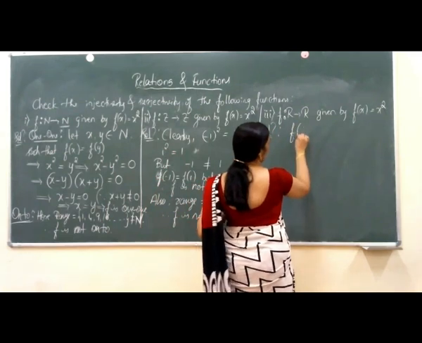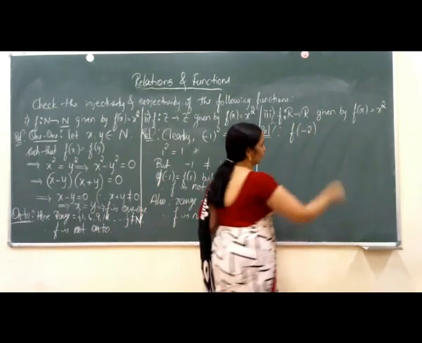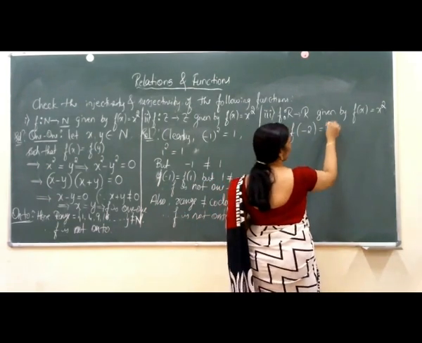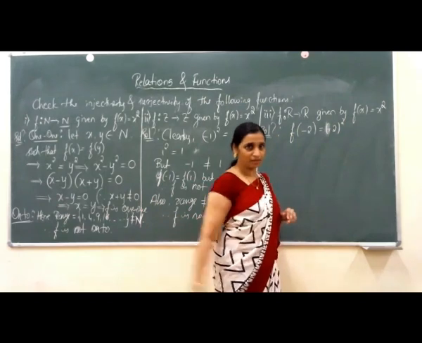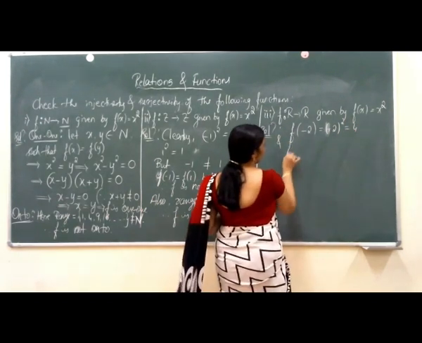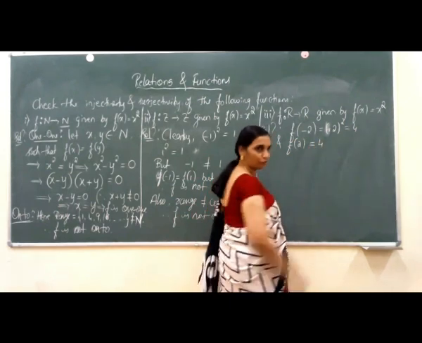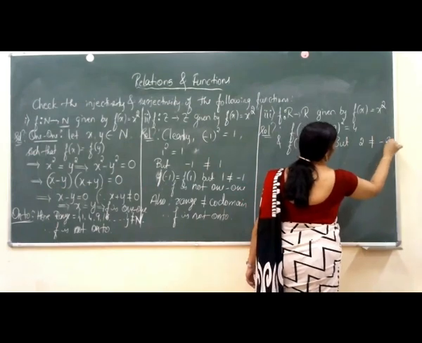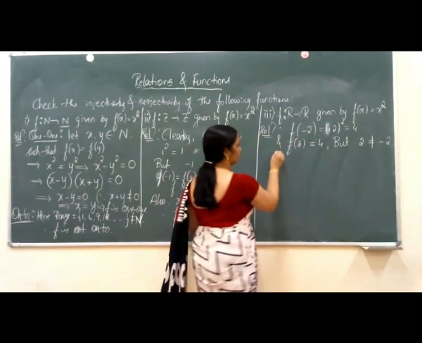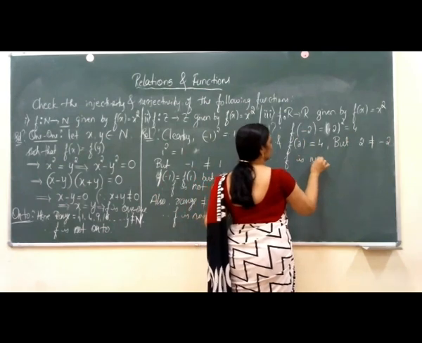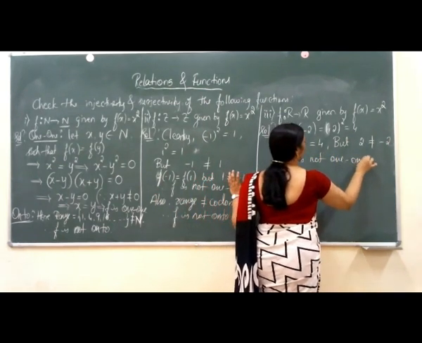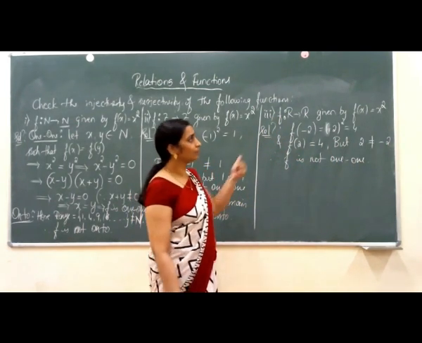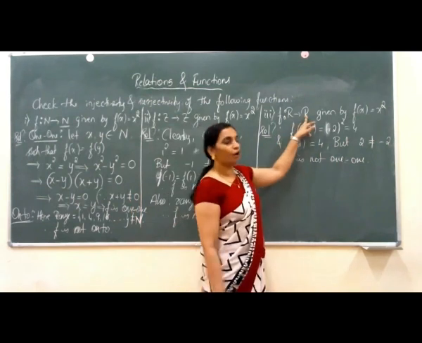That is, f of minus 2 we may take, which is equal to minus 2 the square, which is equal to 4, and f of 2 is equal to 4 also, but 2 is not equal to minus 2. Therefore, f is not 1-1.